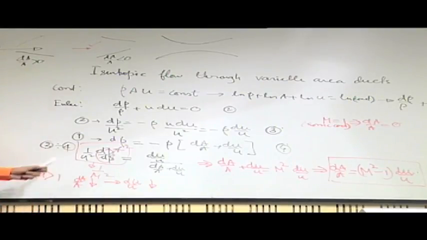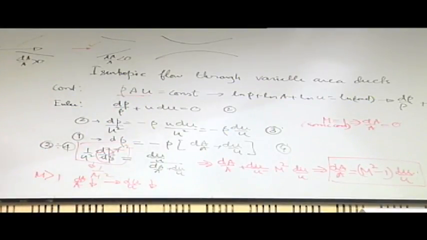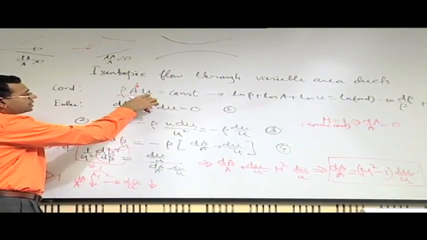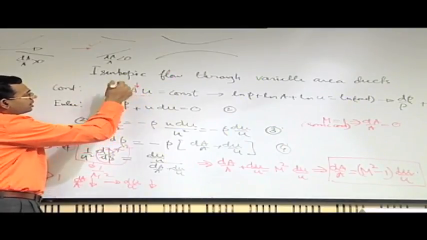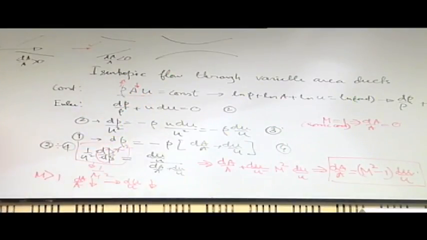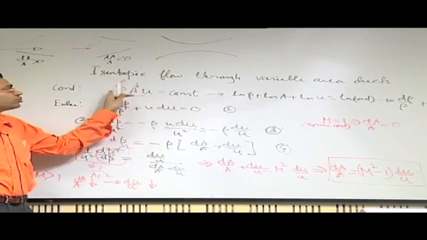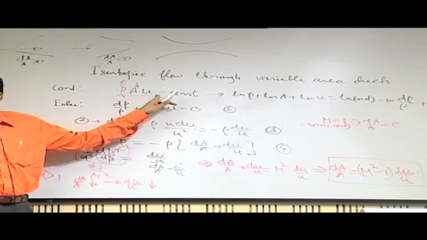So why does it happen? Roughly, what you are keeping fixed is rho into A into u. You are reducing A, you are expecting u to increase, but with a reduction in A, maybe there is such a high increase in density that there is actually a significant reduction in u to keep the product constant.